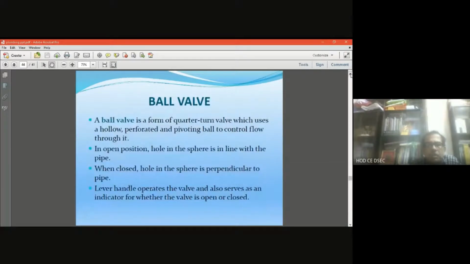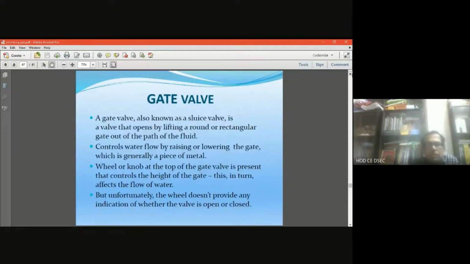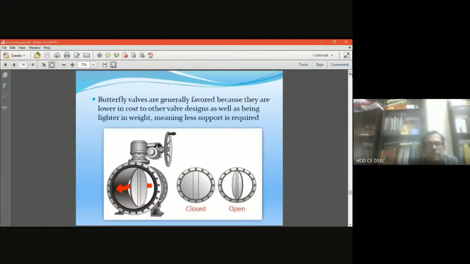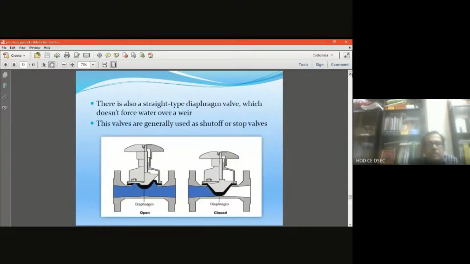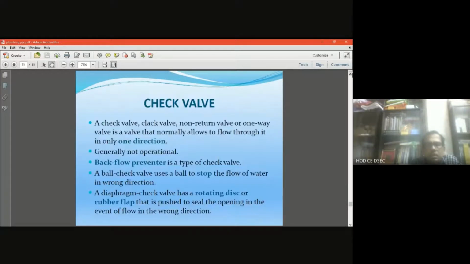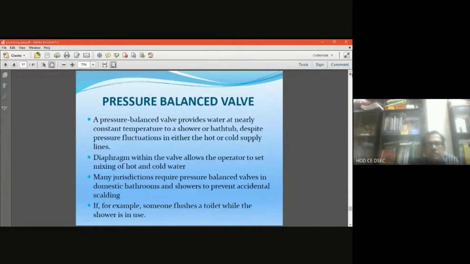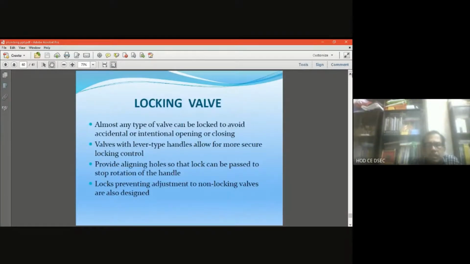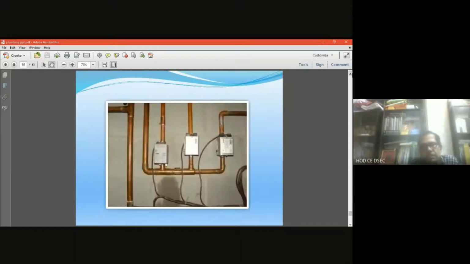First the ball valve, then the gate valve, then the butterfly valves, then the diaphragm valves, then the globe valves, then the check valves, pressure balance valves, zone valves, and finally the locking valve, which can be used for preventing accidental operation.